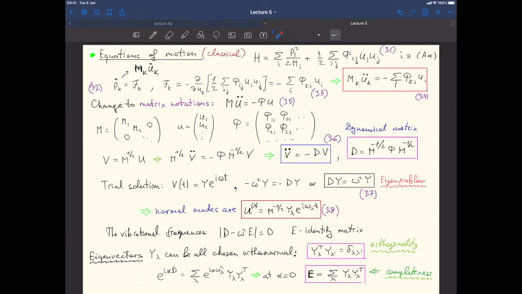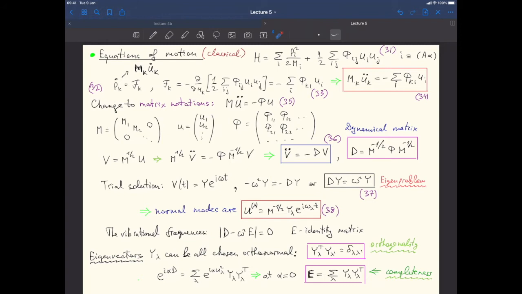So our consideration will be based on the Hamiltonian of the whole system, which is basically the total energy, which consists of the kinetic energy and the potential energy of our atoms in the harmonic approximation. And again, indices i, j, for simplicity of notation, correspond here to the degrees of freedom.